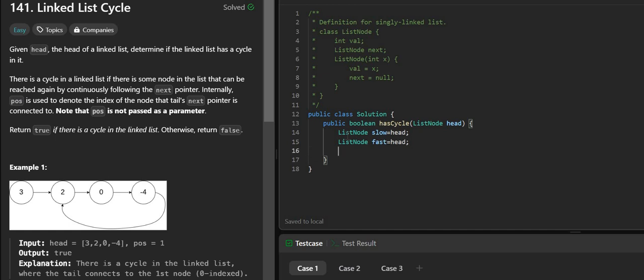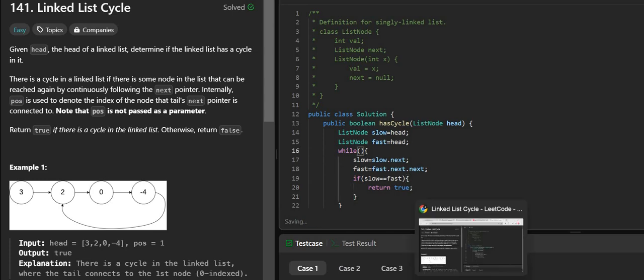So the while condition: slow is equal to slow dot next and fast is equal to fast dot next. If slow is equal to fast, return true.